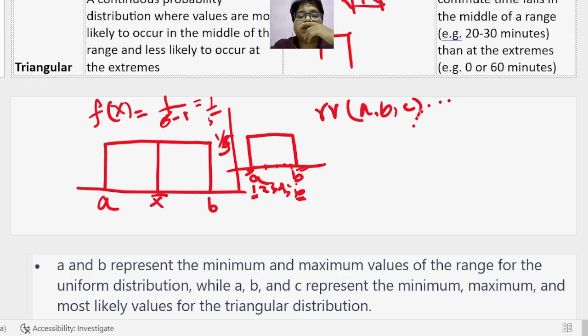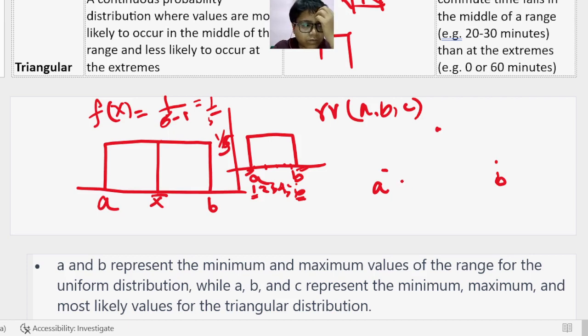It means there will be some value which is the minimum, some value which is the maximum, and some value which has more frequency, which occurs more often than others.